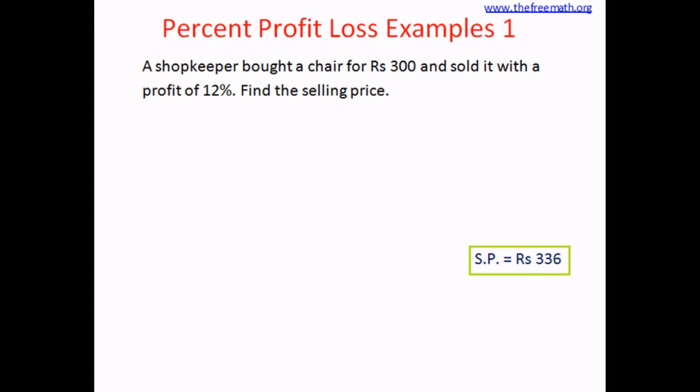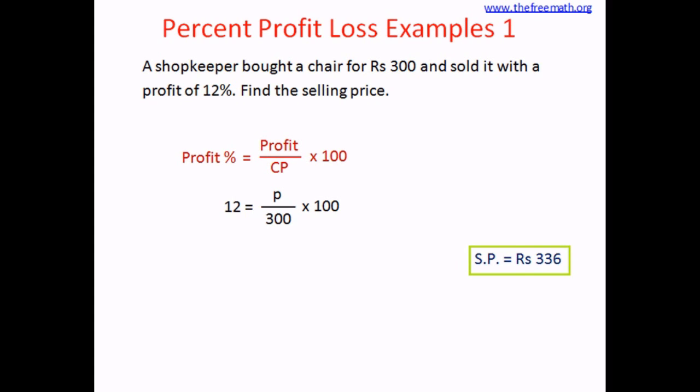We know the formula for percent profit. What is the formula? Profit over cost price multiplied by 100. So let's substitute all the values. We know here the profit is 12%. That means 12 equals P over 300 multiplied by 100. P is the profit here.